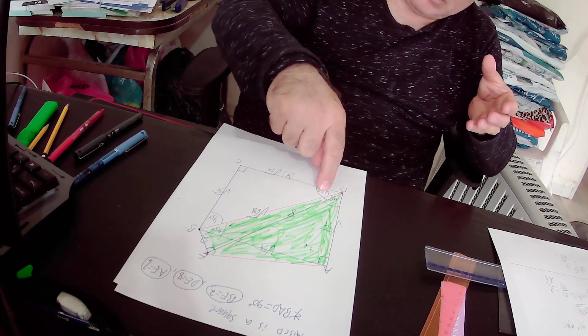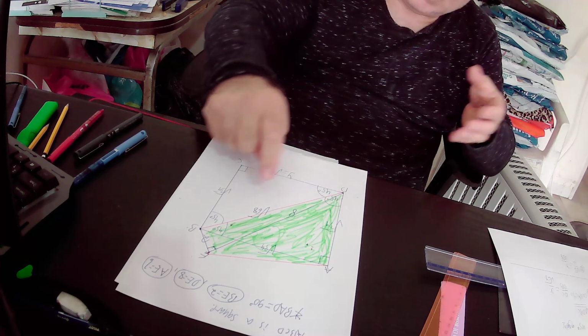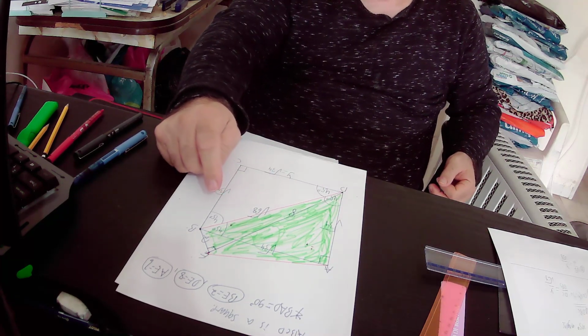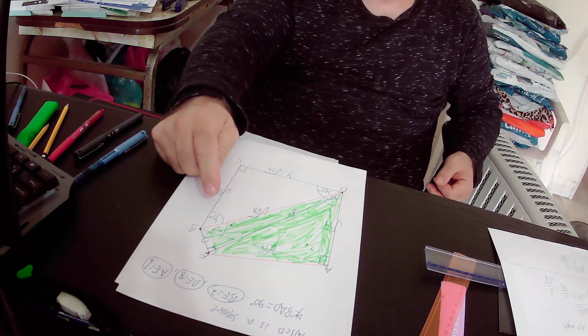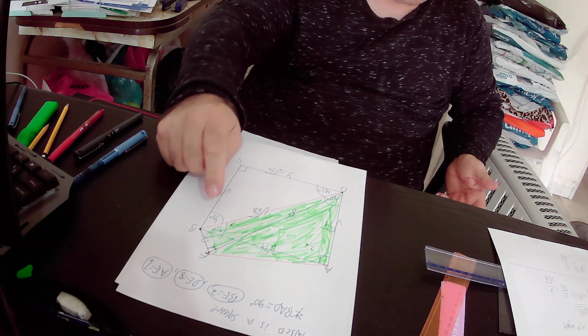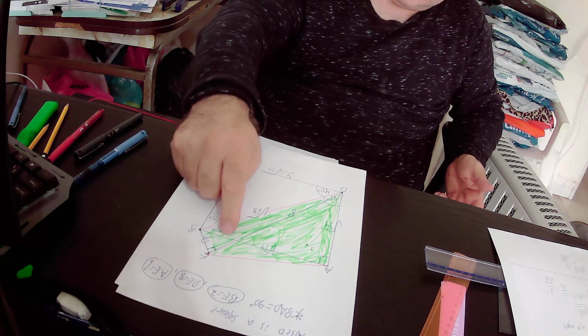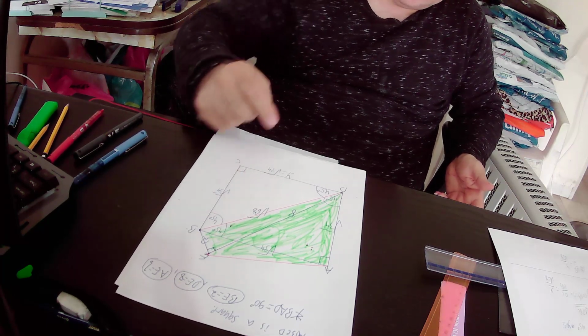This angle will be equal to 45 degrees, and this angle will also be equal to 45 degrees. Likewise, here we know that angle ABC equals 90 degrees, and the diagonal DB bisects the angle, therefore this angle will be equal to 45 degrees, and this angle will also be equal to 45 degrees.